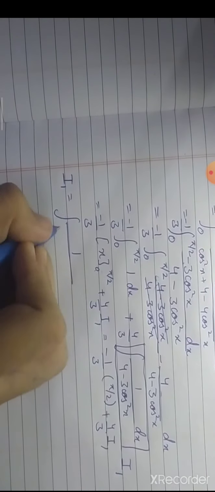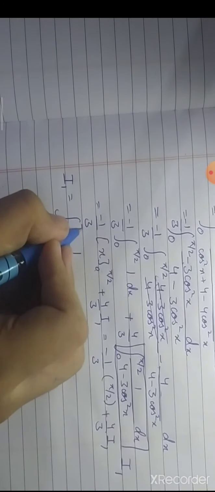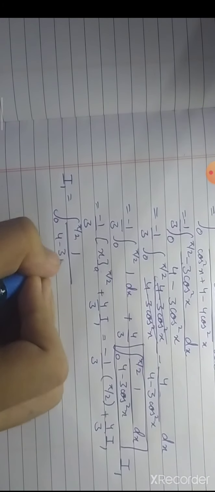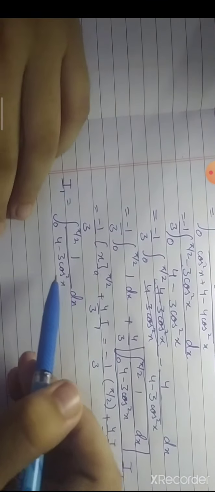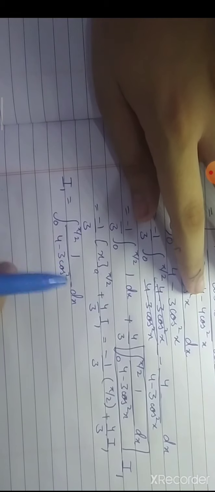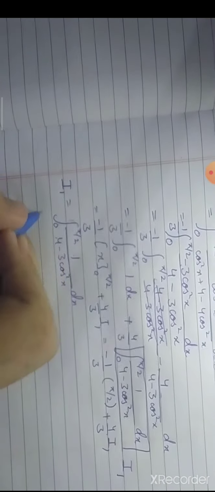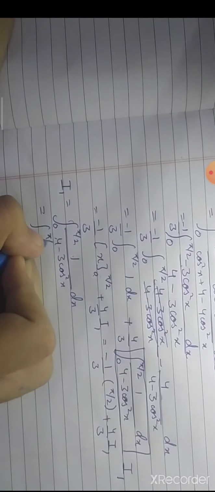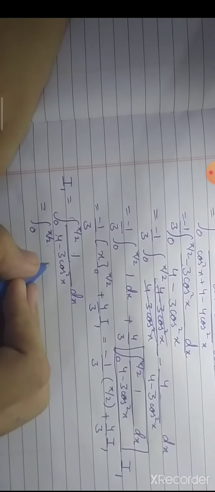It is a definite integral from 0 to pi by 2 of 1 upon 4 minus 3 cos square x dx. Now we will try to make the numerator the differentiation of the denominator. To do that we will multiply numerator and denominator by sec square x, or we can divide by cos square x, the same thing.